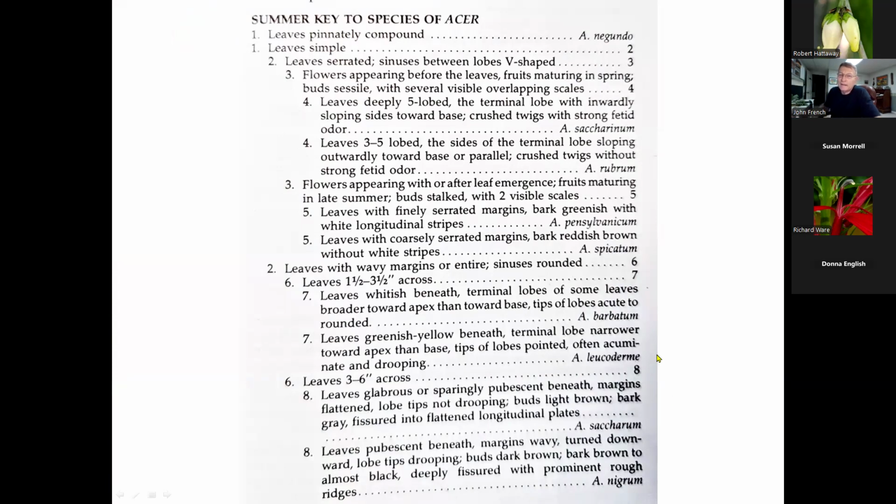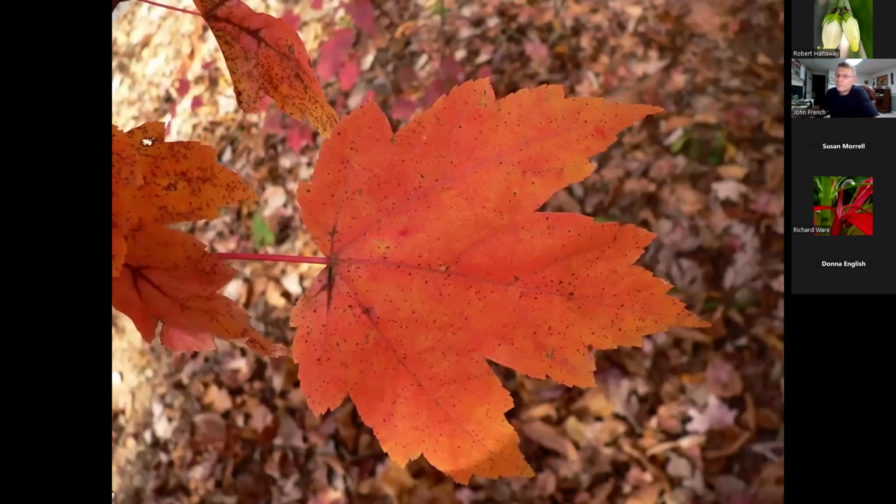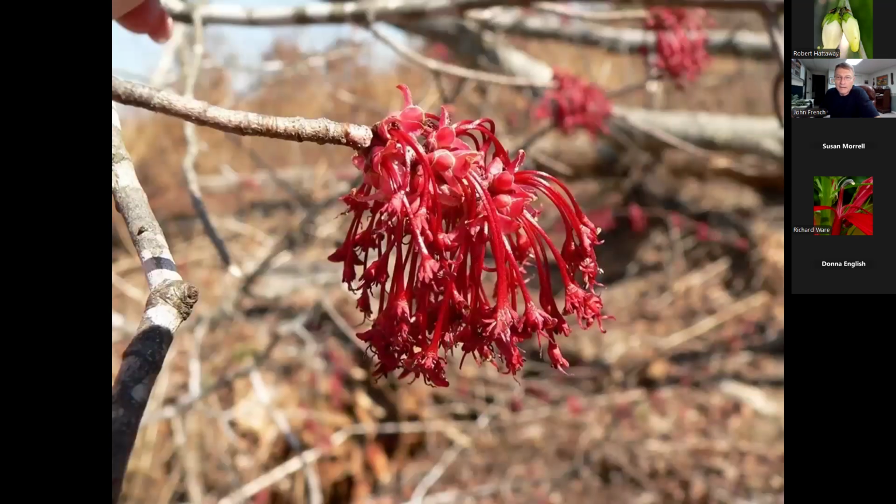I guess I need to go back, don't I? We're going to go back to number one. See the V shape there on the sinuses? I never noticed that before. I never keyed it, Bobby. Well, that's the advantage of keying. You see things that you overlooked before. I'm making everybody dizzy.